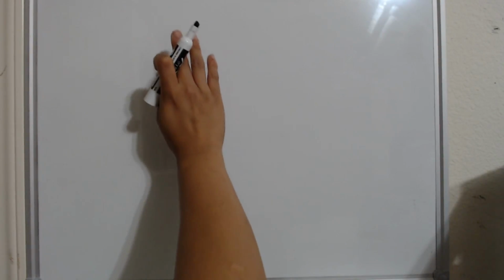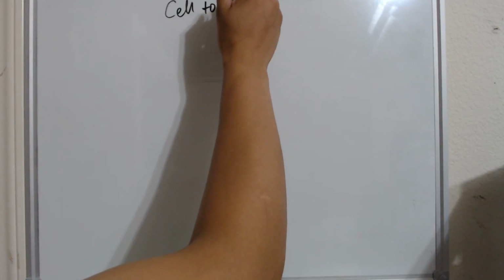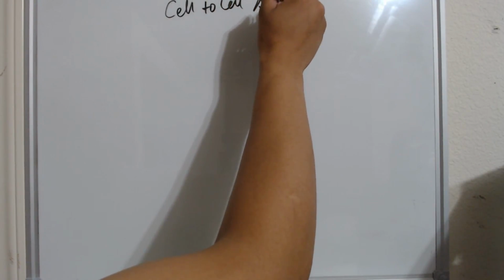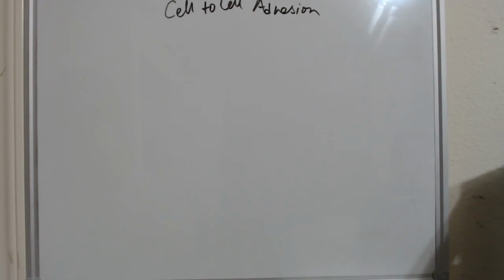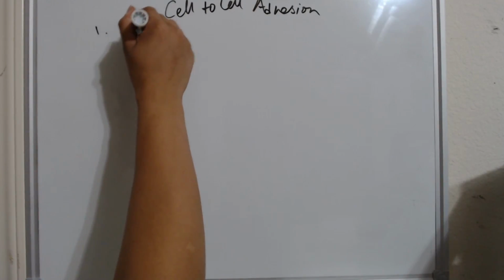So cells, of course, like my hand, which is made up of a bunch of cells, they need to stay together. So we talked about cell to cell adhesion. So the first cell to cell adhesion is called a desmosome.